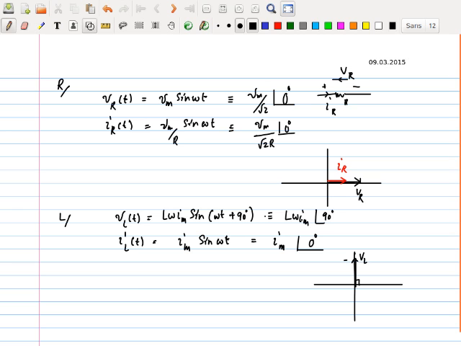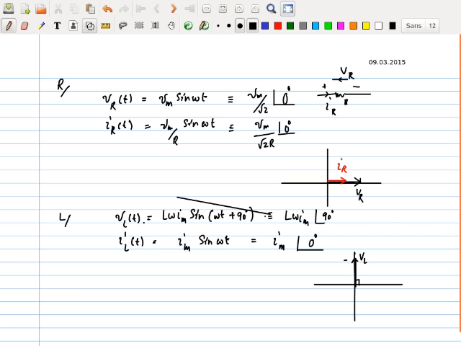All of a sudden, inside AC theory, you can give maybe 100 volts as your input signal, but if you look at the voltage across your inductor and the capacitor, it can be more than 100 volts. You're going to realize that. It's okay, because it is 100 volts with an angle. It's not just 100 volts. Because if there was no angle, all these little voltages would simply add up to the input voltage. Here, it may not be the case.